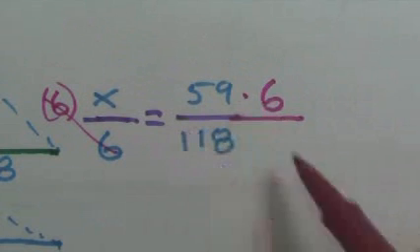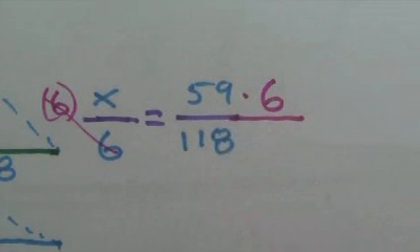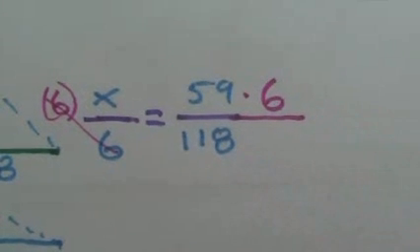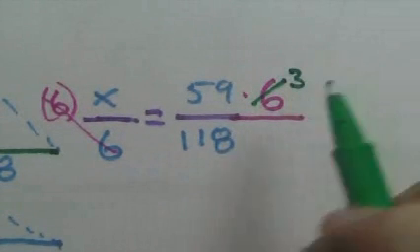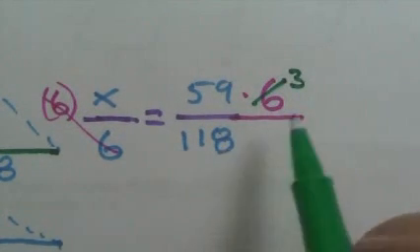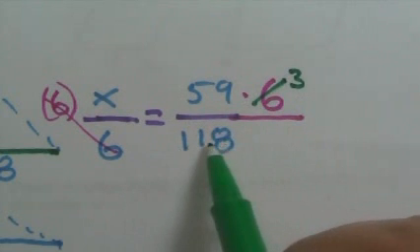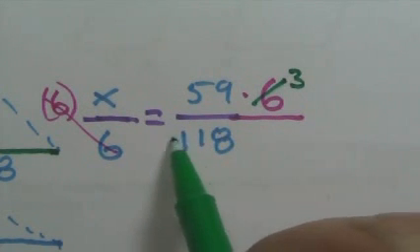Okay, so now I need to start reducing. What will go into 118 and 6? If you can't think, I know 2 does, so let's use 2. Half of 6 is 3. Half of 118, let's see, half of 100 is 50. Half of 18 is 9, so it'd be 59.